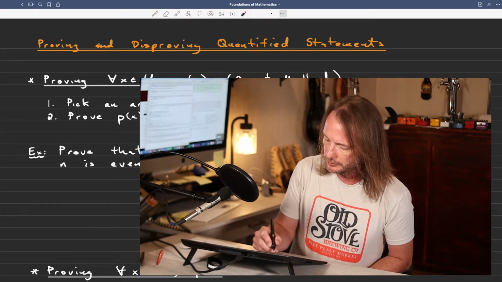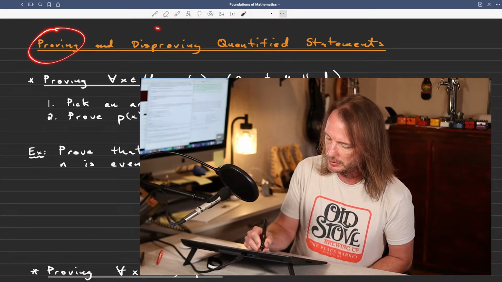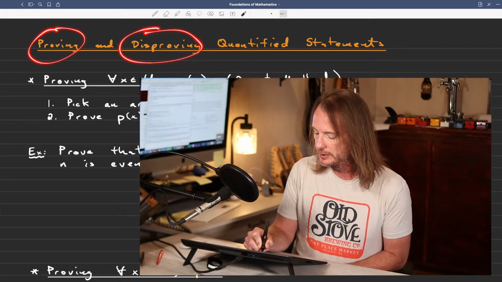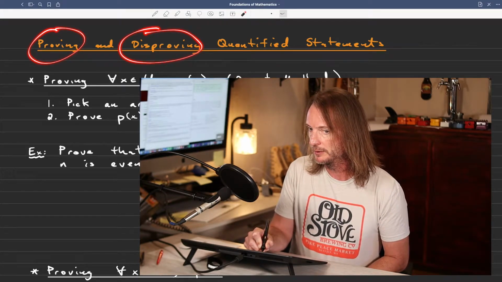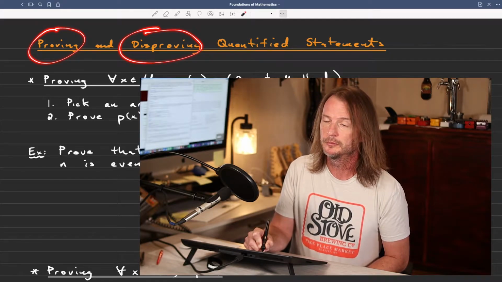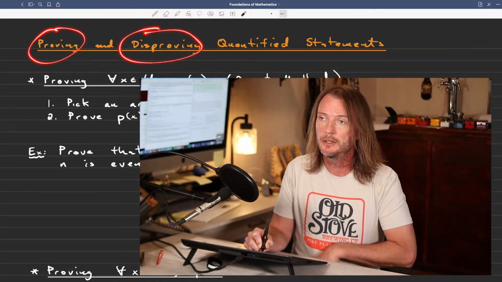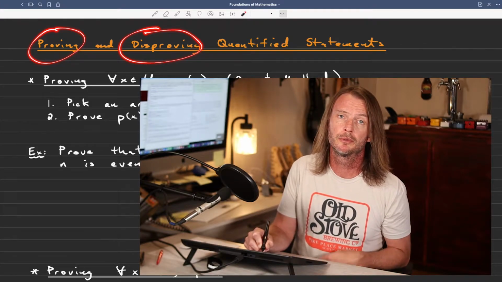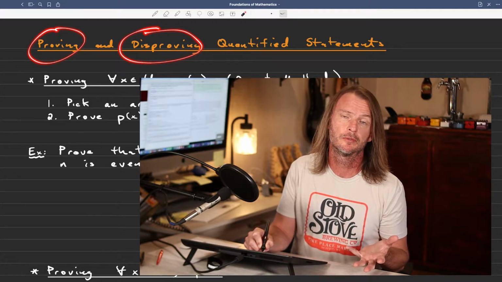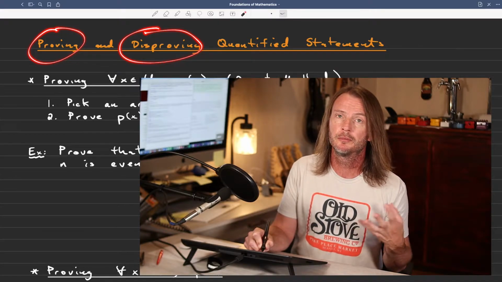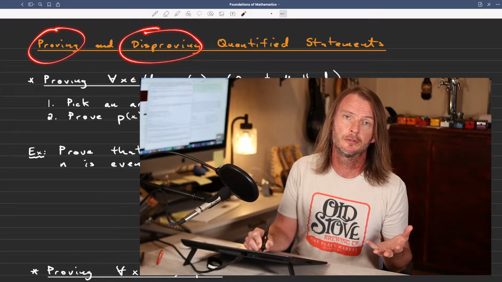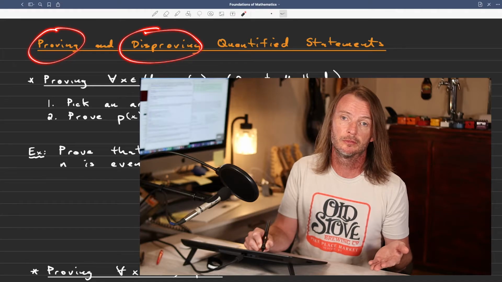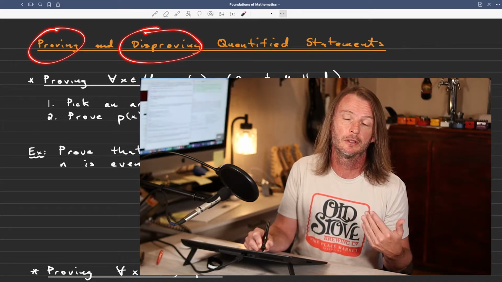Whenever someone says to prove something and they also say to disprove it, disprove means to prove something is false. So one thing to keep in mind is if you want to prove something is false, it's the same as wanting to prove that the negation of it is true. So disproof and proof are just 2 sides of the same coin. Disproving something is just proving that the negation is true.